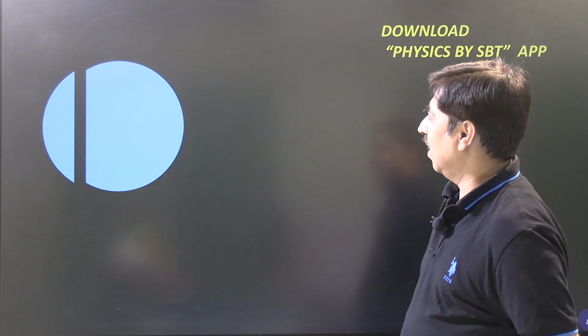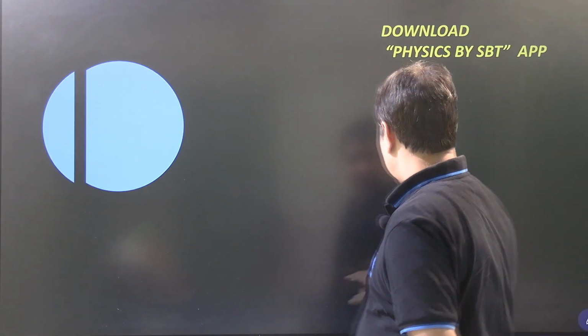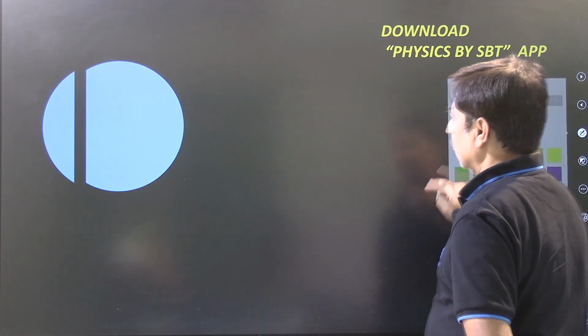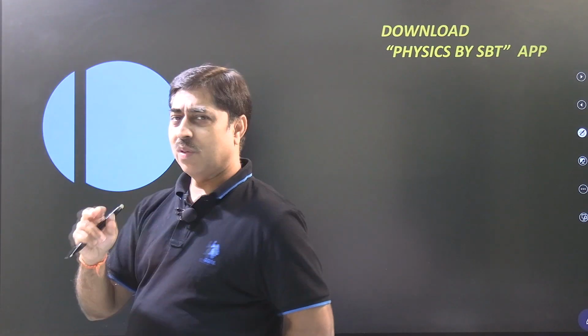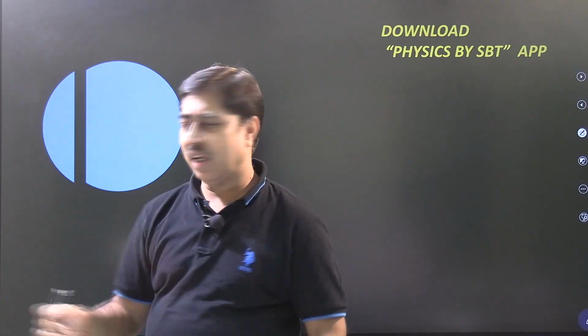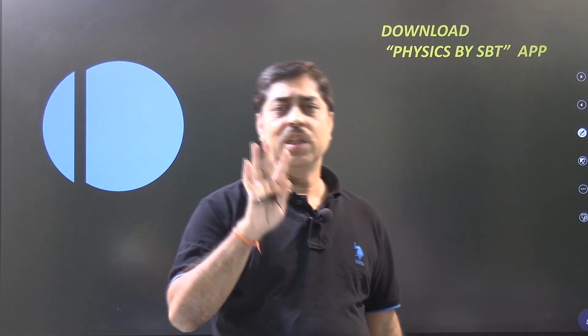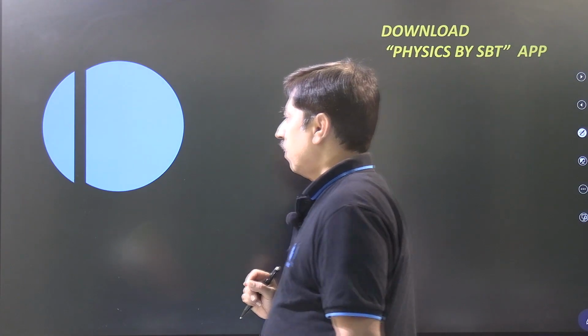So, this is the situation that has been given to you. A charge plus q has been given to this part of the sphere. Just for the sake of clarity in the diagram, I have increased the gap. This black colored gap is actually insulation. It is filled with insulation layer. Okay, that's fine.